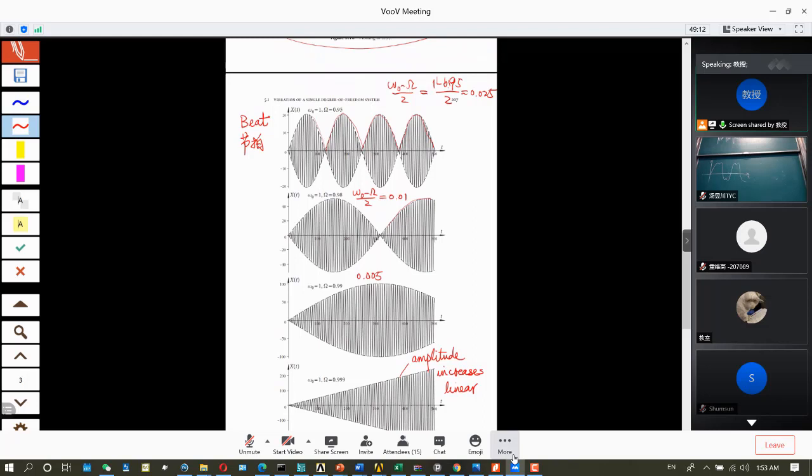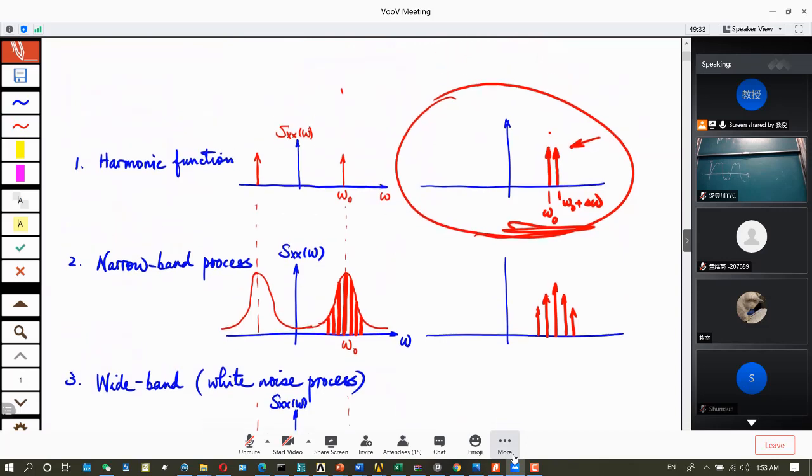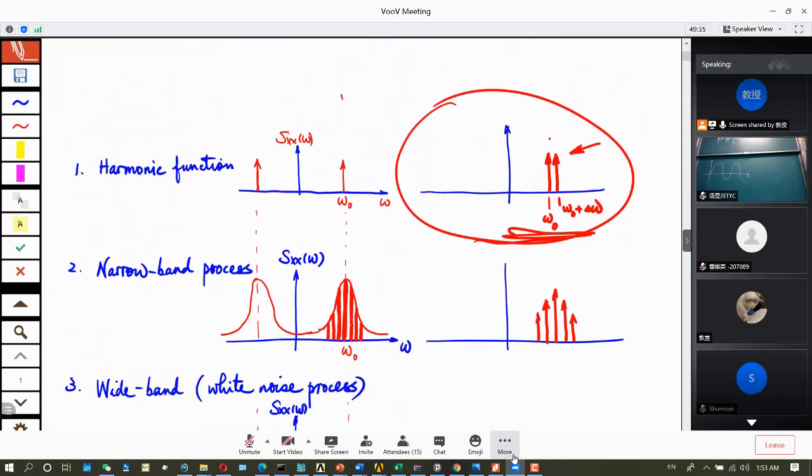Okay, so now this is the case when we have two very close frequency components. And the resulting process is a beat, or resulting function is a beat. Okay, so remember this is a beat.